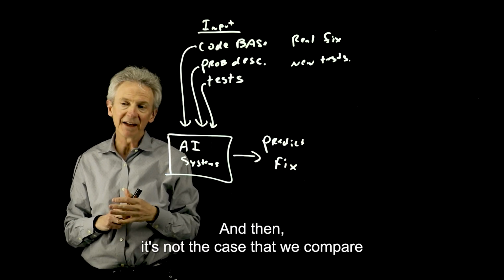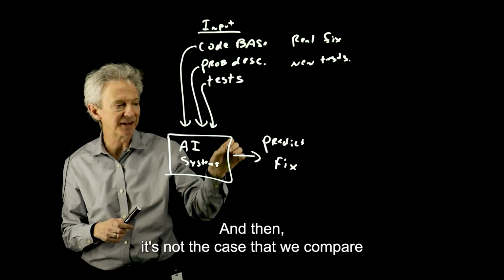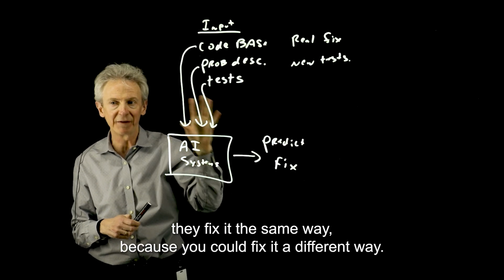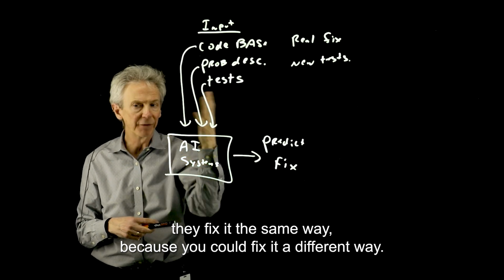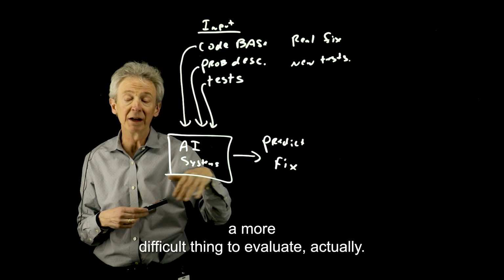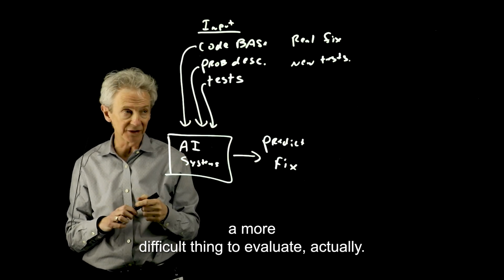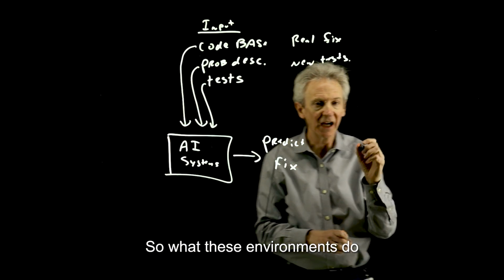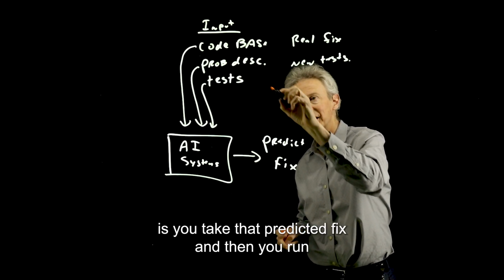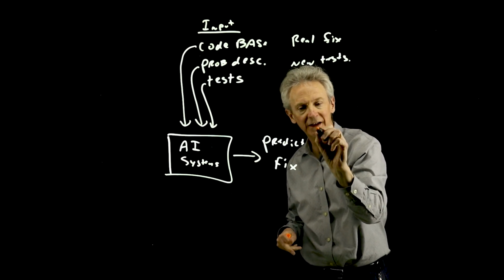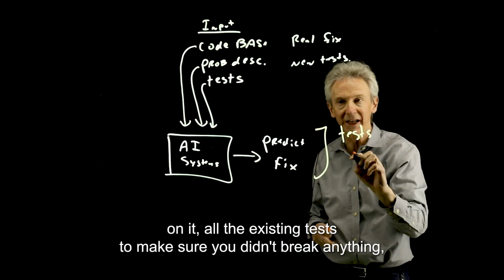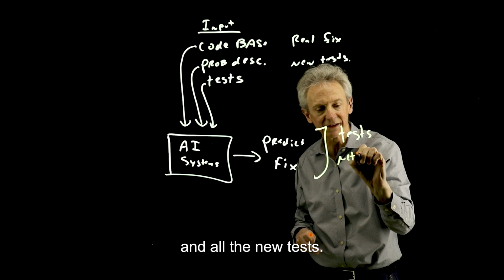And then it's not the case that we compare the predicted fix with the real fix to make sure they fix it the same way, because you could fix it a different way. You could use different variables. It's actually a more difficult thing to evaluate. So what these environments do is you take that predicted fix and then you run on it all the existing tests to make sure you didn't break anything, and all the new tests.